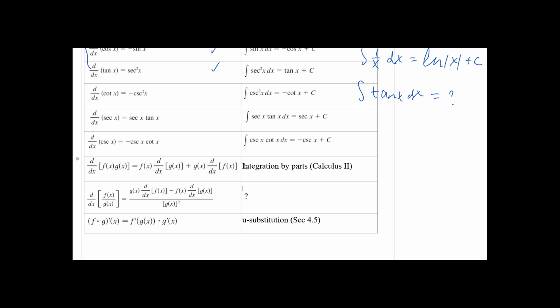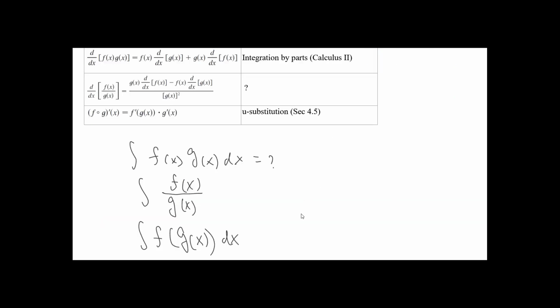So typically, we simply use integration by parts, and that will cover any possible need related to the translation of the quotient rule. And for the chain rule, there is a translation called U substitution, and that will be covered in section 4.5.